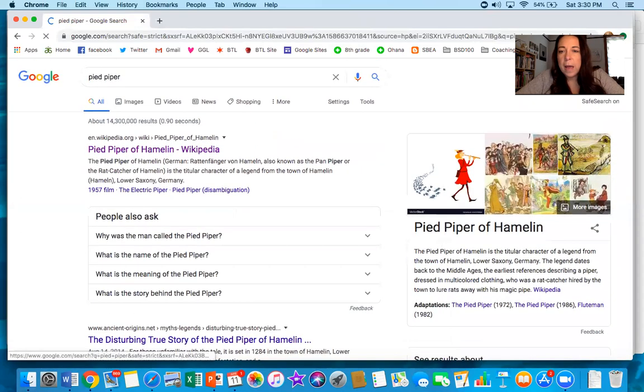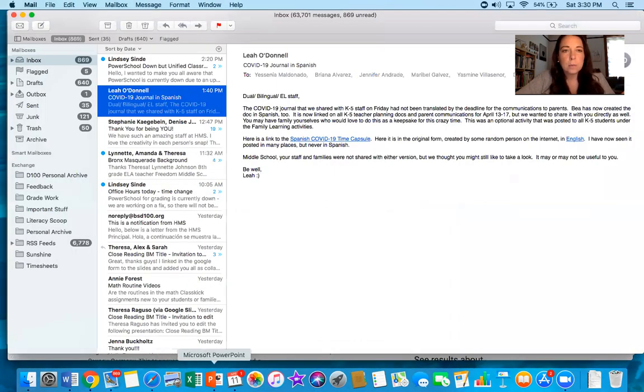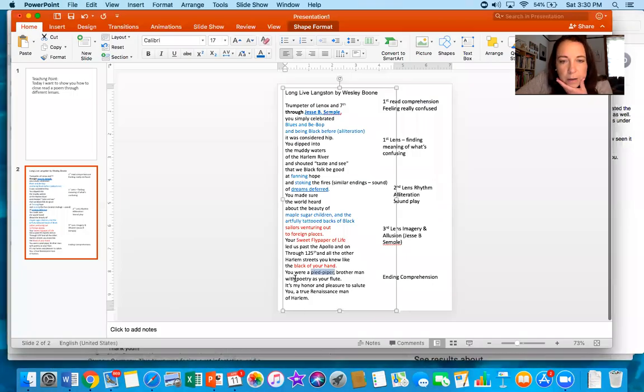All right, so the Pied Piper of Hamelin, I'm not gonna open up the link, but basically it was maybe some fable or some folklore of this guy who had a little flute and he sang, and it was like rats or some animals that would come following along with him. So if we Google that, an allusion to the Pied Piper to create an image for us, so we can now reread with that information.